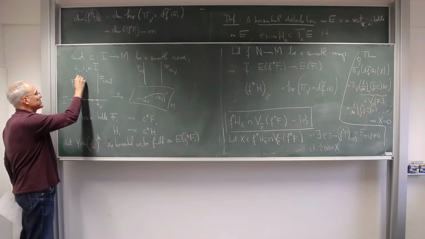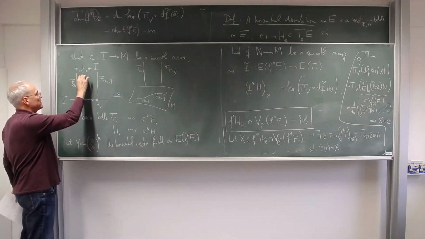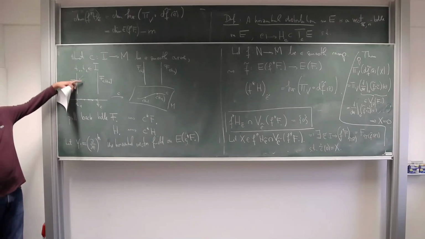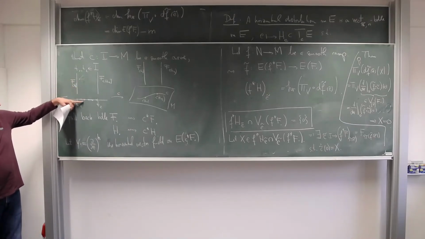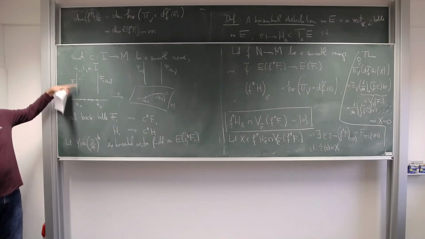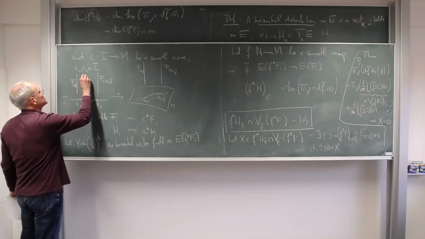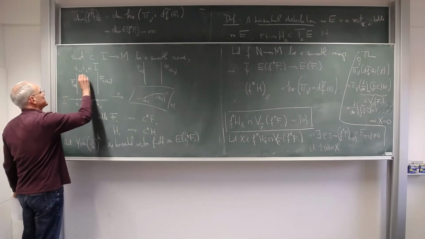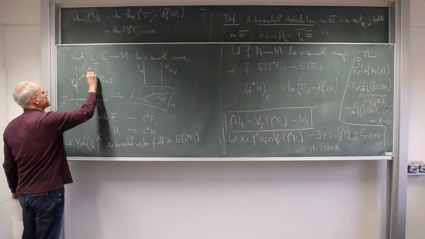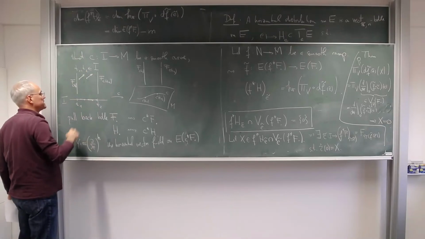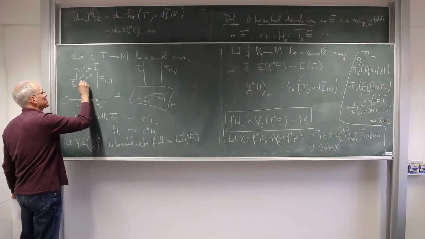If I write this in a decomposition of horizontal and vertical, I know that the horizontal part is projected to this constant vector field here, and I don't know anything about the vertical part. So this could be anything. But that's my vector field somehow, right? So the projection down is always this constant length vector field d/dt. Like this.